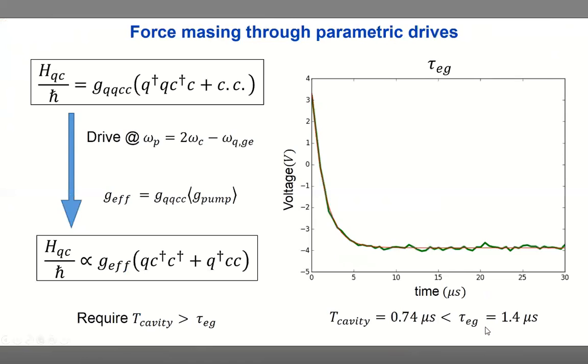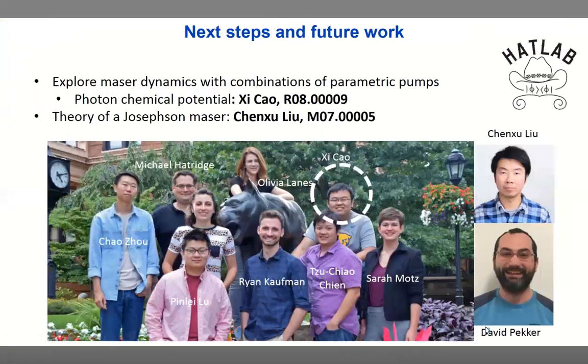But because the cavity lived 0.74 microseconds, we're not quite there yet. However, we are confident that if we decrease the cavity lifetime, which is an easy fix for us experimentally, then for every cavity lifetime, we see multiple transitions of the qubit into the cavity to let photons build up in it.